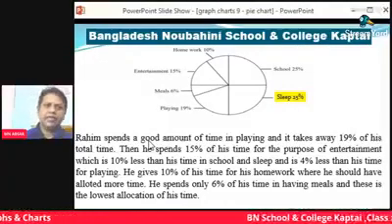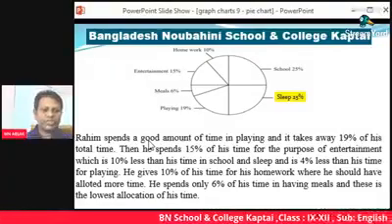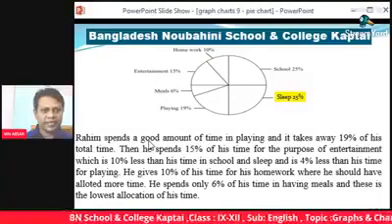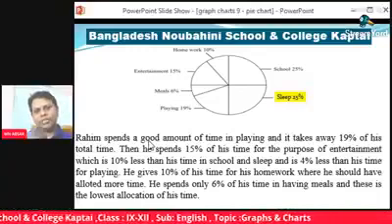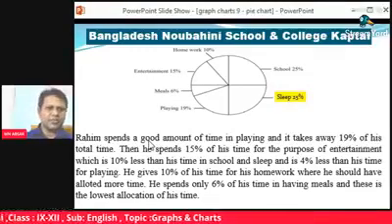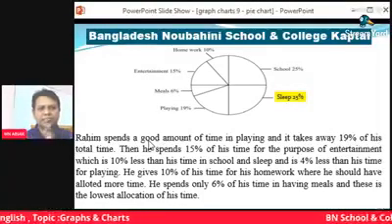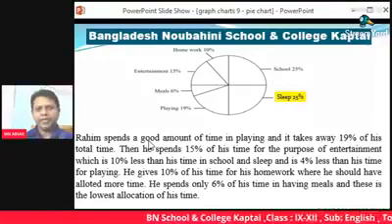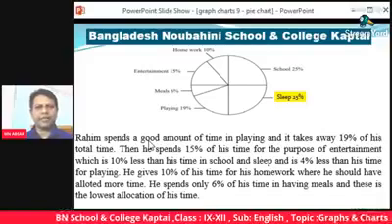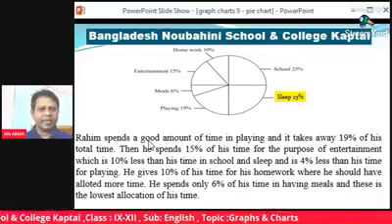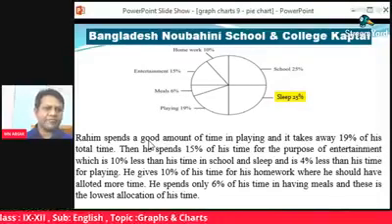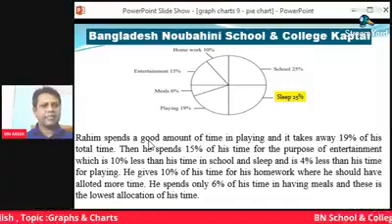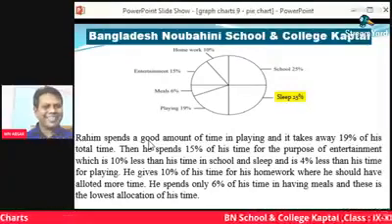So that my word count can increase, I just analyze the sentence and write it this way. Okay, Rahim spends a good amount of time in playing, and it takes away. Do you know, it's a phrase. It takes away means it snatches away.